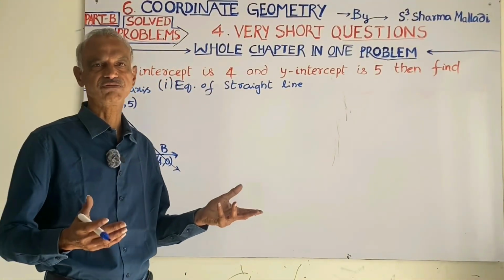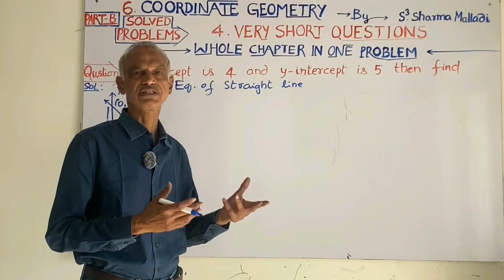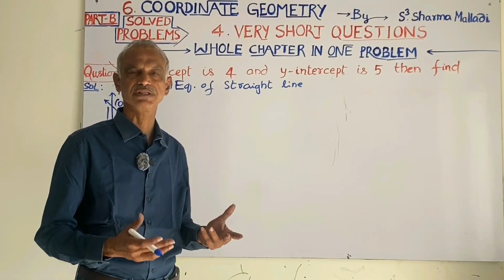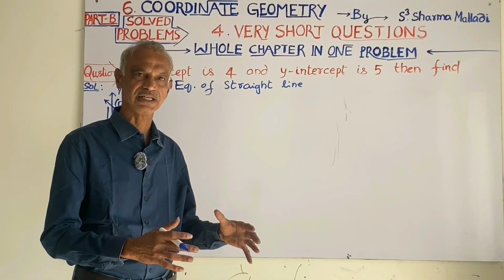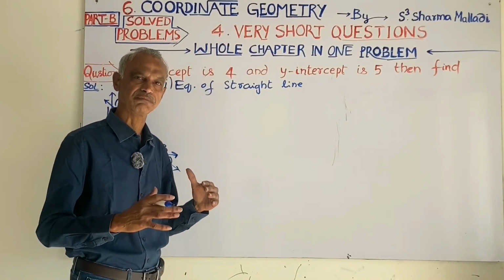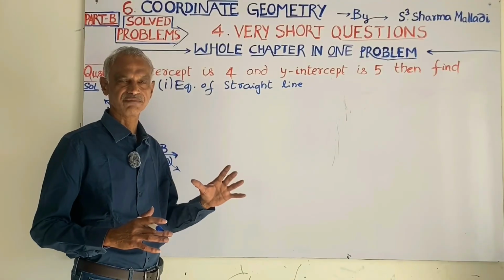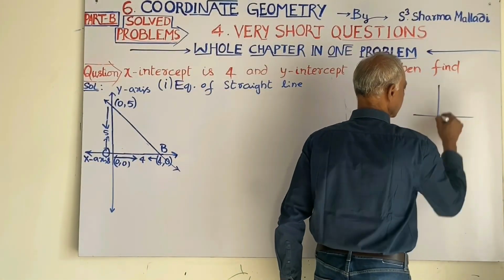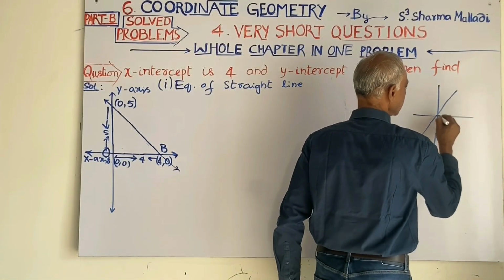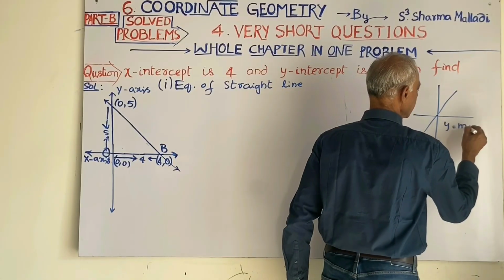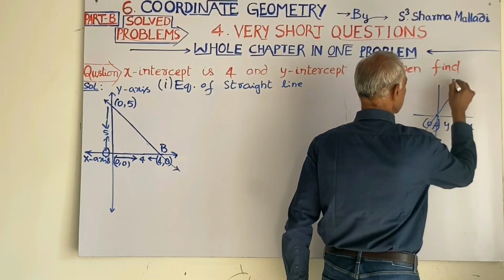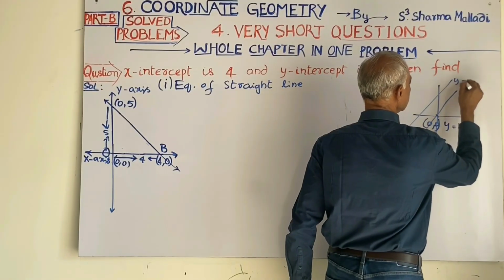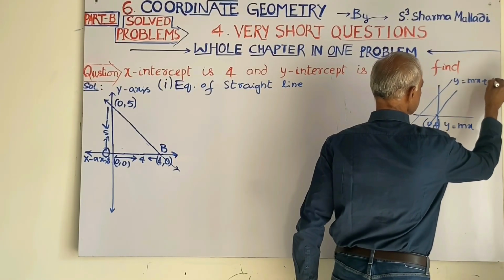You have intercept form also, x by a plus y by b is equal to 1, that is also an equation of a straight line. All equations come from y is equal to mx plus c. If you want to understand, this is y is equal to mx because it passes through origin. This will be y is equal to mx plus c.